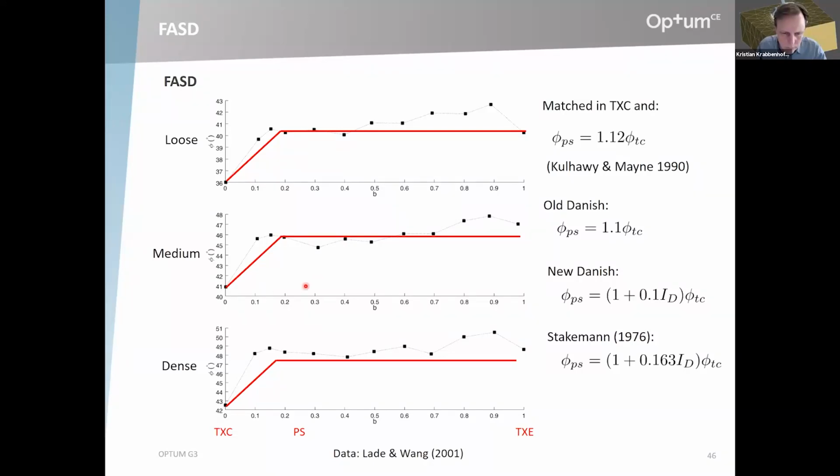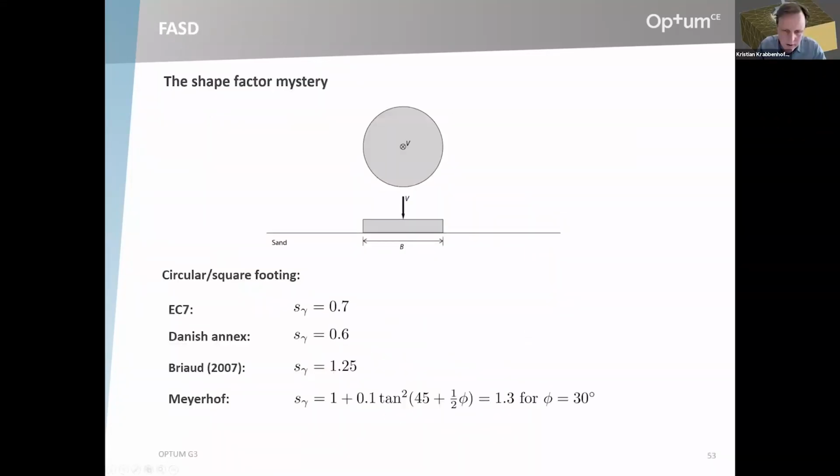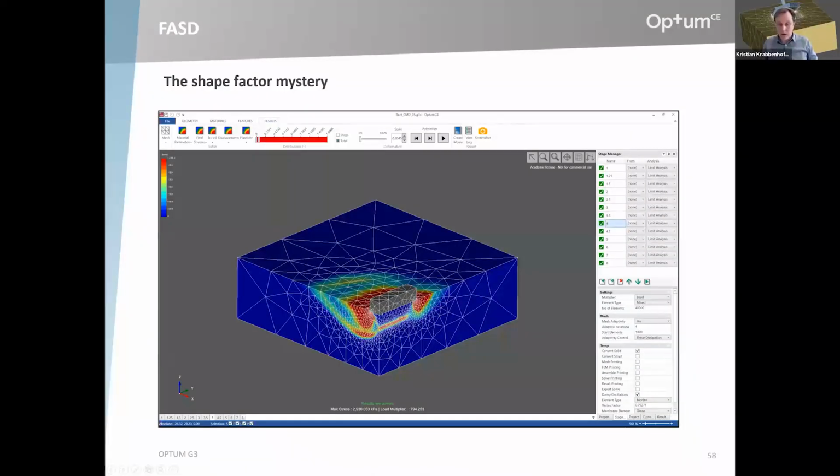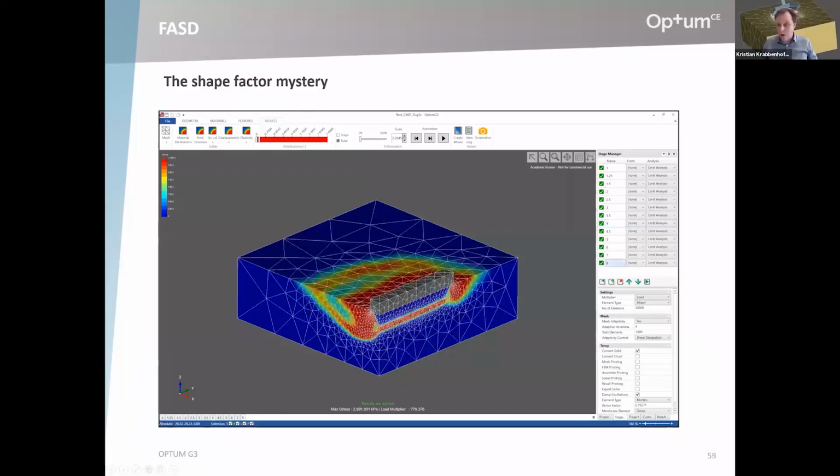The last graph, yes, those results were obtained with the FAST model. The ones there for the shape factor for circular and square foundations were obtained with the FAST model using this factor of 1.12, which is what I used throughout.